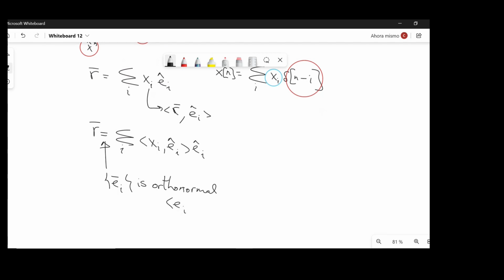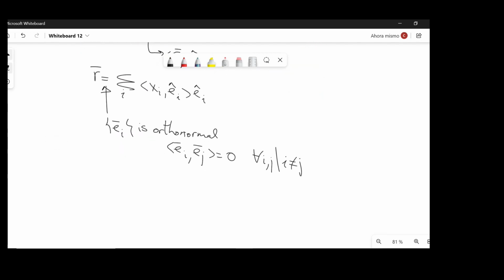So for any pair of elements in these bases, the inner product is zero for all i and j such that i is not equal to j. If you take any two elements in my basis and compute the inner product, it has to be zero. This is ortho. What about normal? What does it mean to be normal?